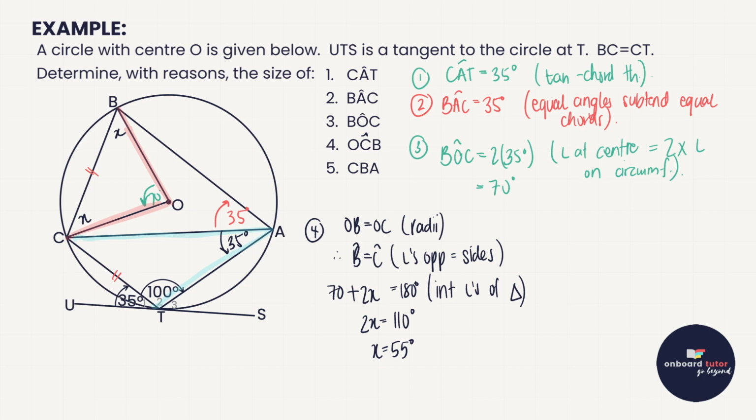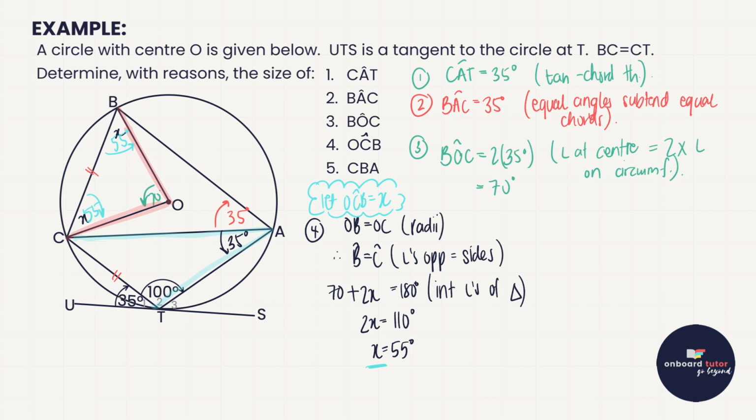Now what might be helpful, because we never know who's marking our test, is at the start to say, let angle OCB, the one we're working with, equal x, just so that our marker knows that when we have an answer for x, we have actually answered the question. So that's 55 degrees, and that's 55 degrees, because they're going to be equal.